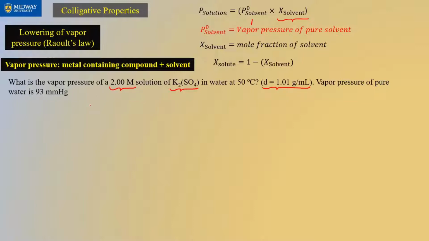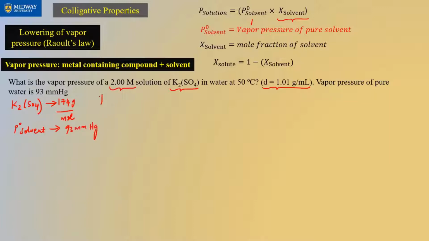All right, so first let's take what you are so comfortable with and determine the molar mass of this, which would come out to be 174 grams per mole. We already know the vapor pressure of pure solvent in this problem, which is 93 millimeters of mercury.